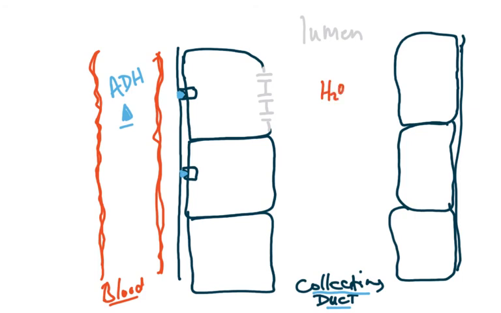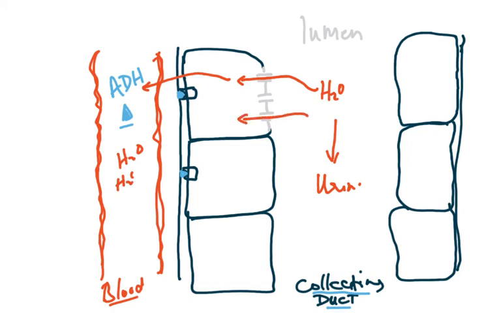The water molecule which was going to be passed out in the urine is going to enter through this aquaporin, enter the cell, and enter the blood. Lots and lots of water molecules will enter the cell and then move into the blood. So the blood concentration will be normalized.